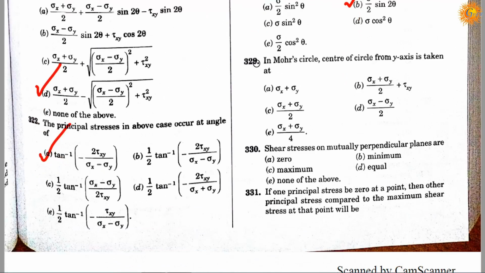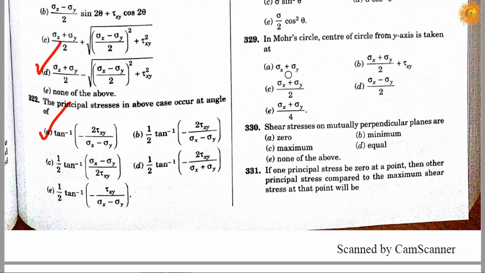Question number 329. In Mohr's circle, center of circle from y-axis is taken at option A, sigma x plus sigma y, option B, (sigma x plus sigma y) divided by 2 plus tau xy, option C, (sigma x plus sigma y) divided by 2, option D, (sigma x minus sigma y) divided by 2, option E, (sigma x plus sigma y) divided by 4.